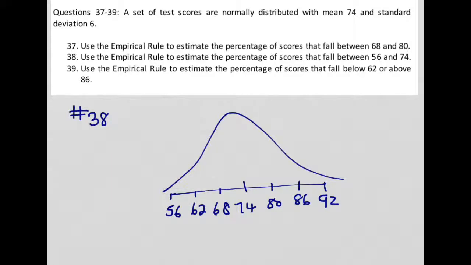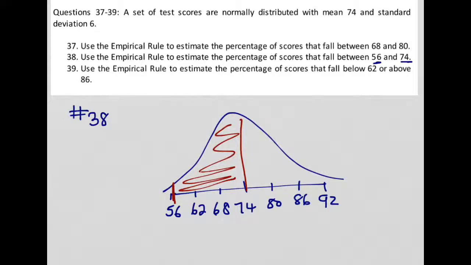All right, now we want the percentage of scores that fall between 56 and 74. So, where is that? Here's 56, and here's 74, which is, this is a bad drawing, but 74 is at the middle. So we want this area. It's almost half of the whole graph, but it's not quite half.